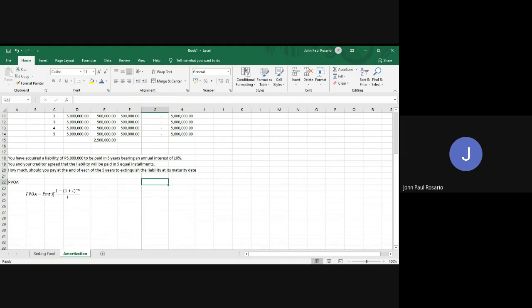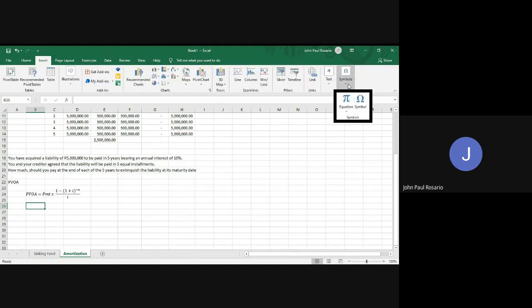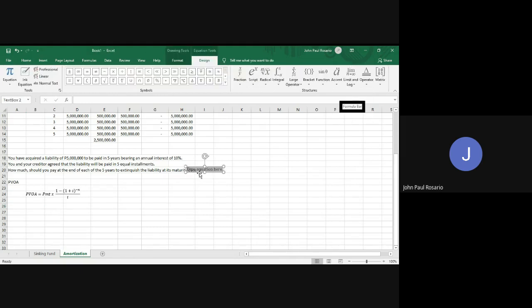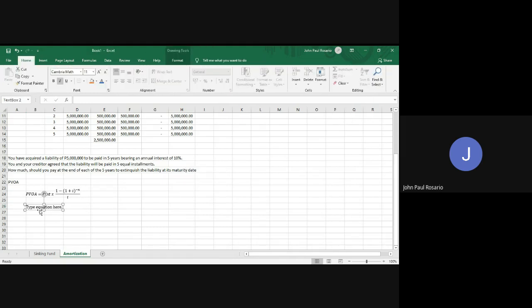Since this is multiplication, it will become division, a denominator to PVOA. So our next equation would look like this.